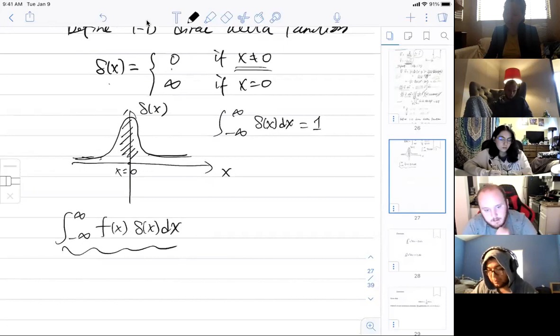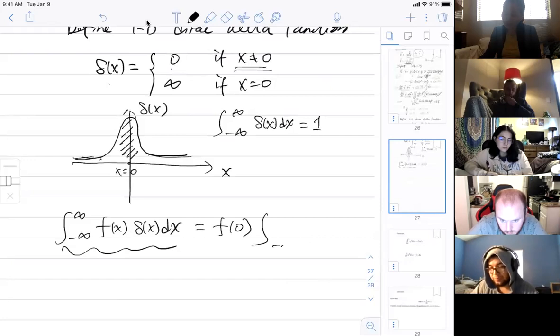Your f(x) can have all kinds of different numbers at different locations, but it's only going to care about the x equals 0 point. So it's going to be f(0) times the integral from negative infinity to infinity of delta(x) dx.